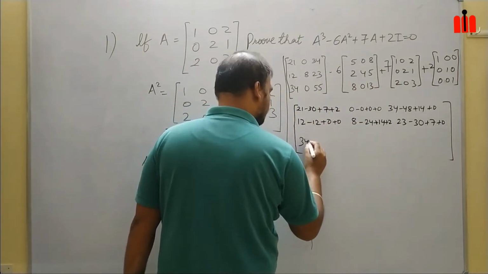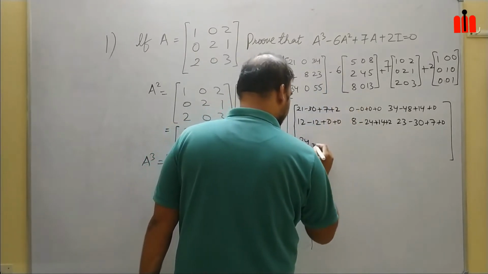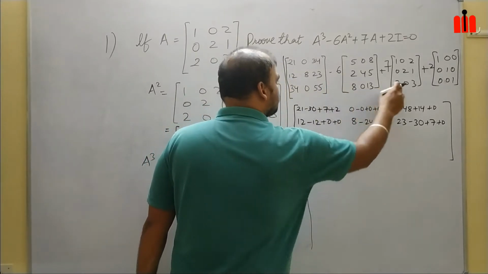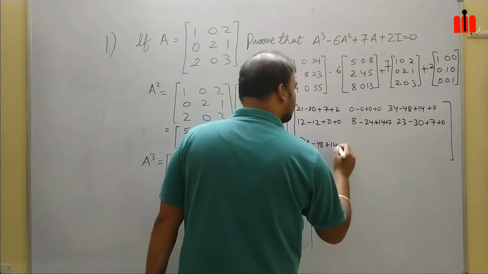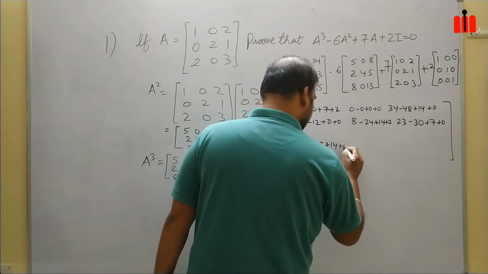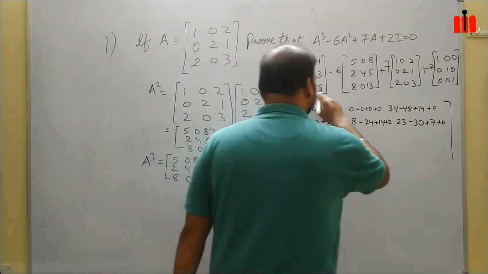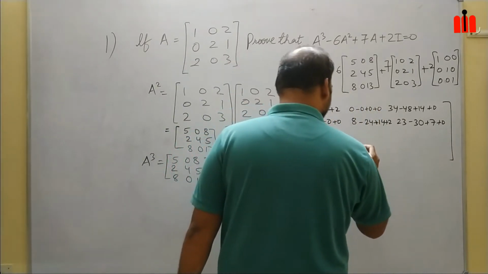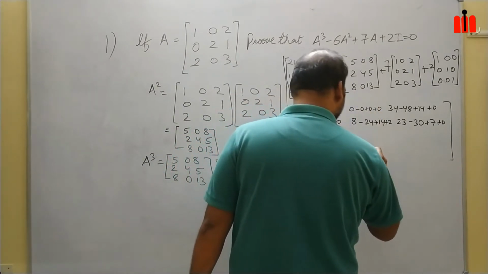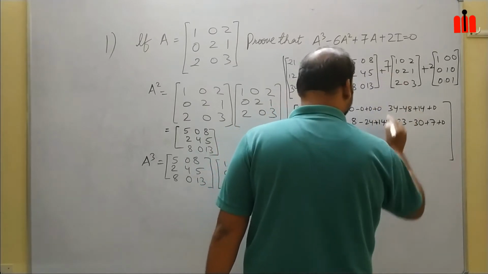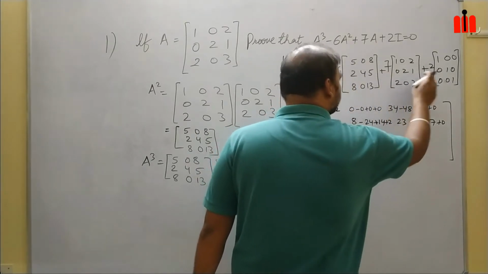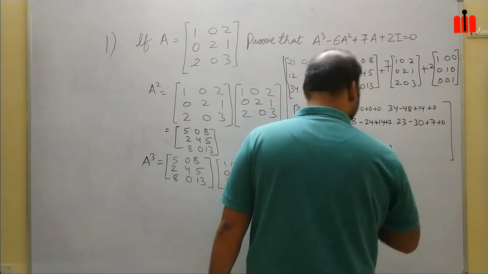It is 34 minus 48 plus 14 plus 0. Second element of third row, 0 minus 0 plus 0 plus 0.